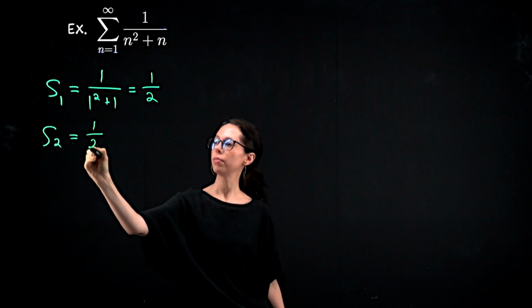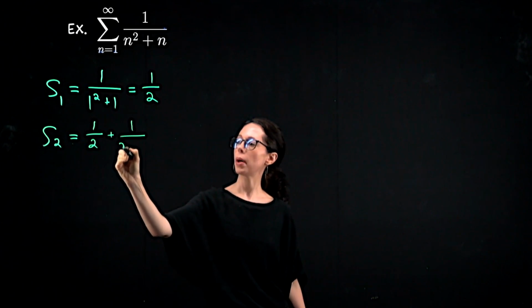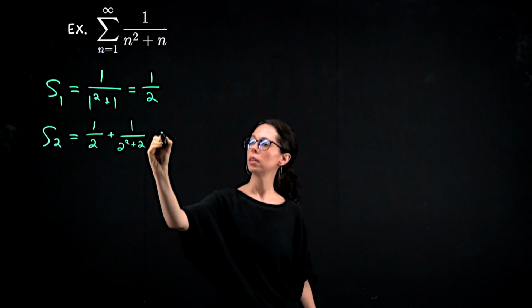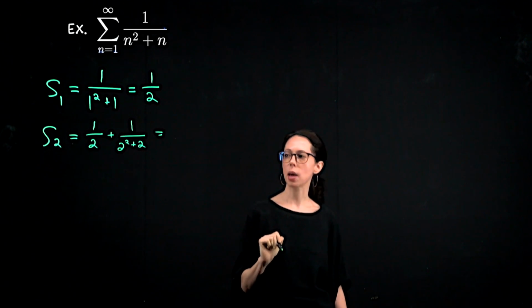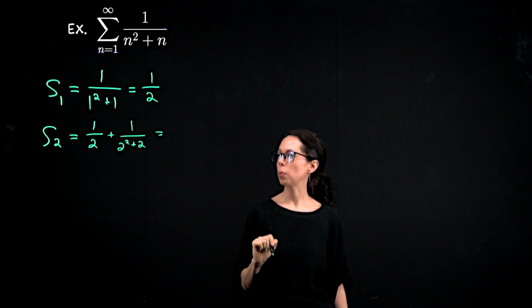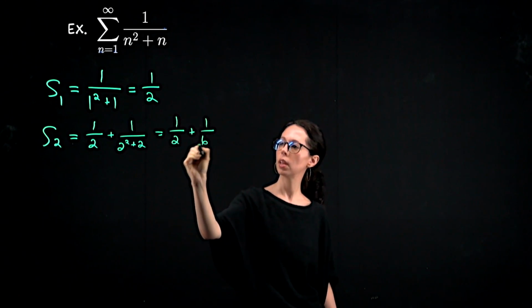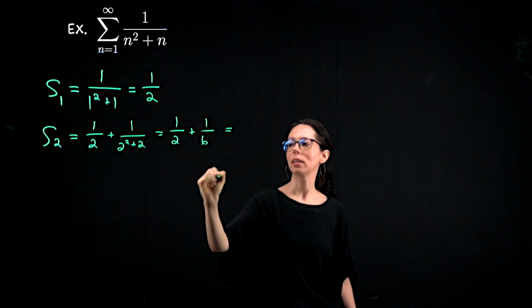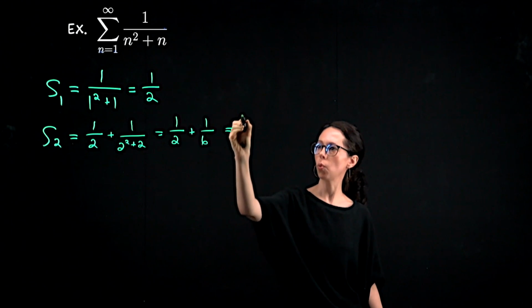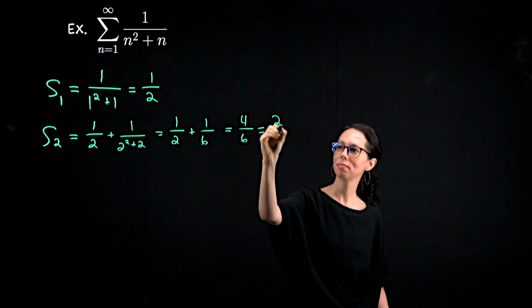So that's 1/2 plus 1 divided by 2 squared plus 2. So I plug in n equals 2 into that denominator. So that's going to be 1/2 plus 1/6, which is 3/6 plus 1/6 is 4/6, which is 2/3.